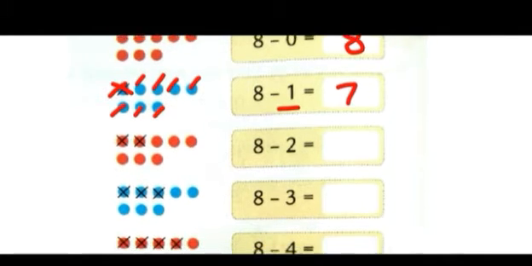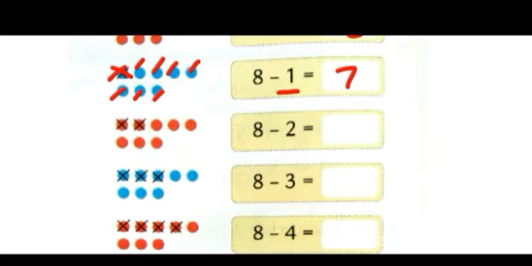Okay. See the next one. Total 8 blue dots are there. And out of that, we have to cross 1 dot. That means we have crossed 1. How many are left? Let's count together. 1, 2, 3, 4, 5, 6, 7. So, 7 is the answer. Now, see the next one.